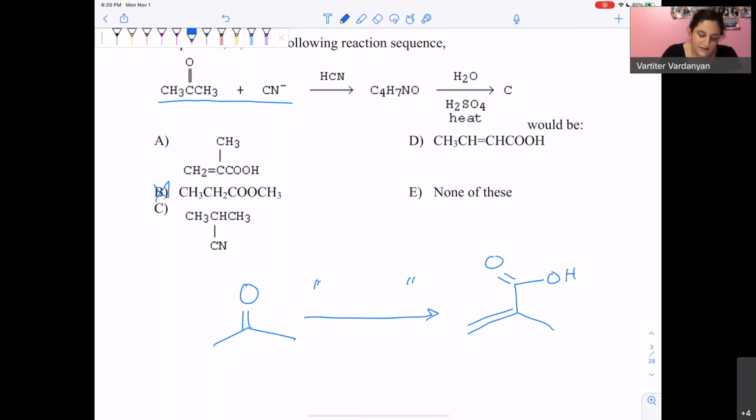And so you can get rid of B and C because there's no double bond. And then if you draw this out, you would get COOH versus this one.